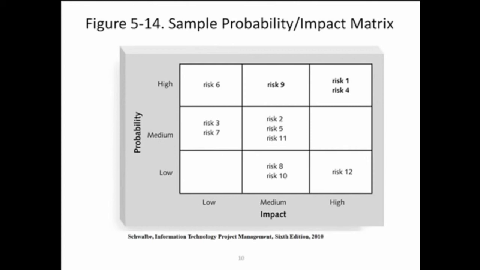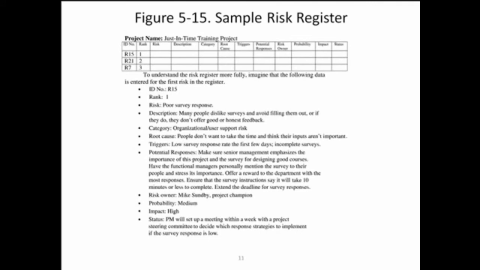Let's look at one last item, and that is the risk register. This is the example of a risk register of the training project. A risk register is a document that contains the results of various risk management processes and is often displayed in a table or spreadsheet format. It is a tool for documenting potential risk events with related information.